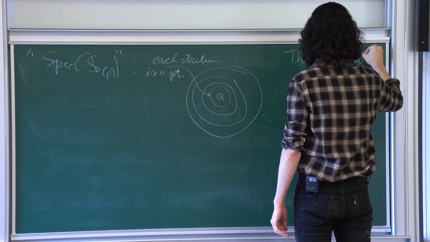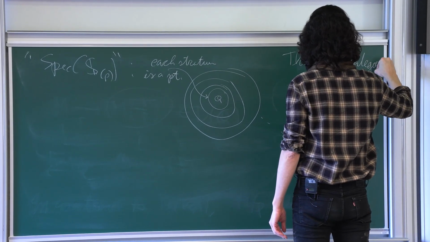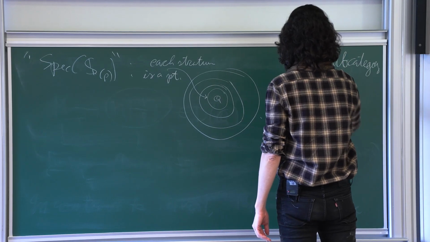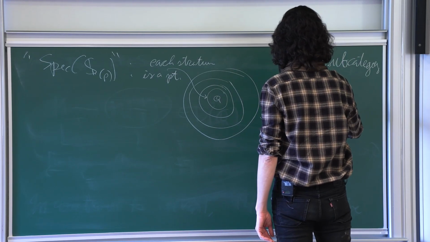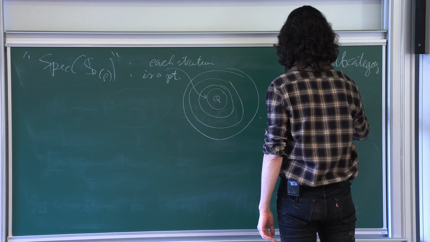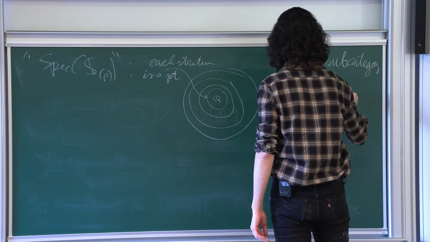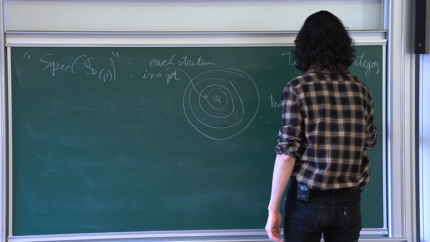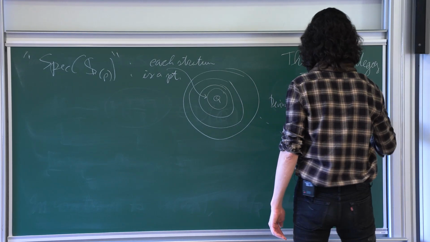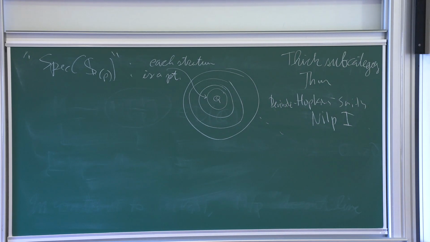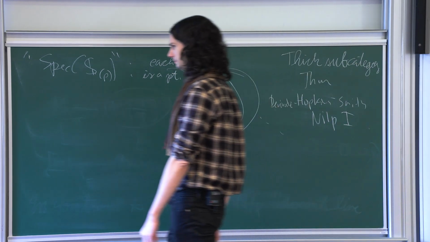I'm not going to emphasize this perspective, but Devinatz, Hopkins-Smith. So that was nilpotence 1. I referred to nilpotence 2 earlier. That's nilpotence 1. It's actually a precursor to this whole discussion of Vn self-maps. Okay.